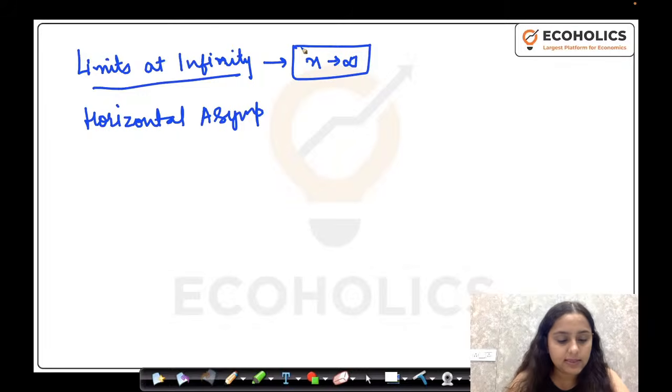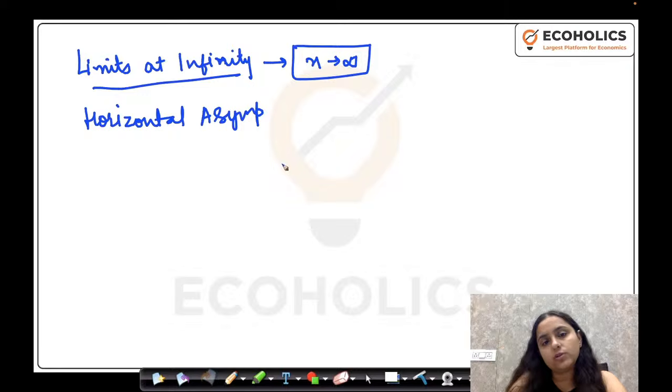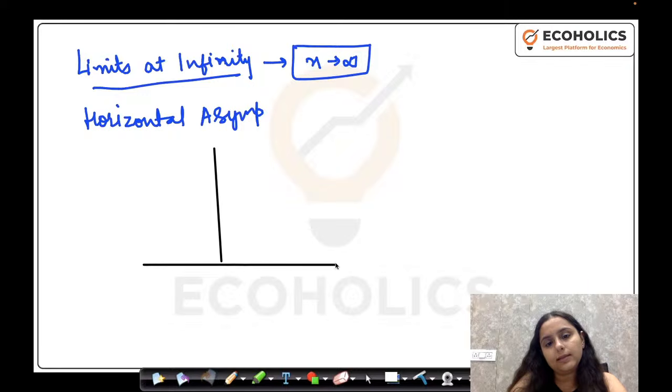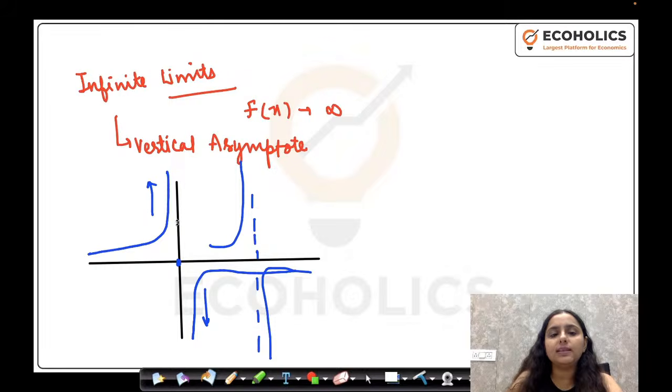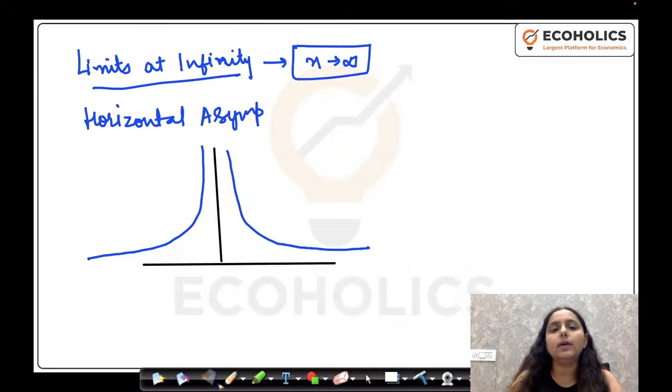I hope this is clear. Anything that you want to ask about the asymptote thing, you can ask me. It will be, let's say, like this, around the x-axis you're having the asymptotes. Here if you see, they were around the y-axis. Okay, so that is limits at infinity.